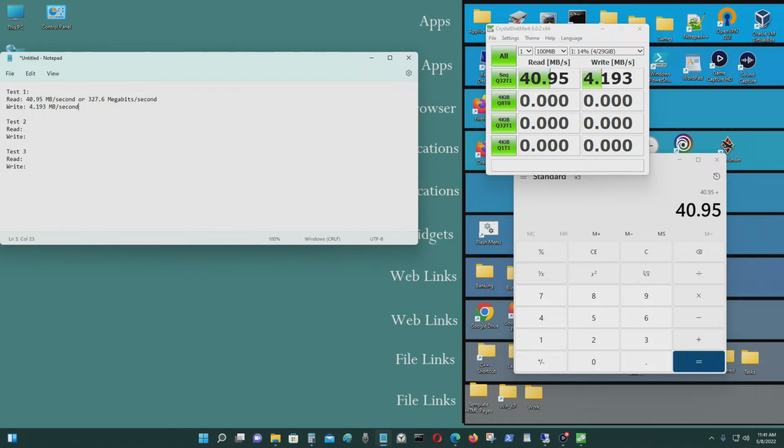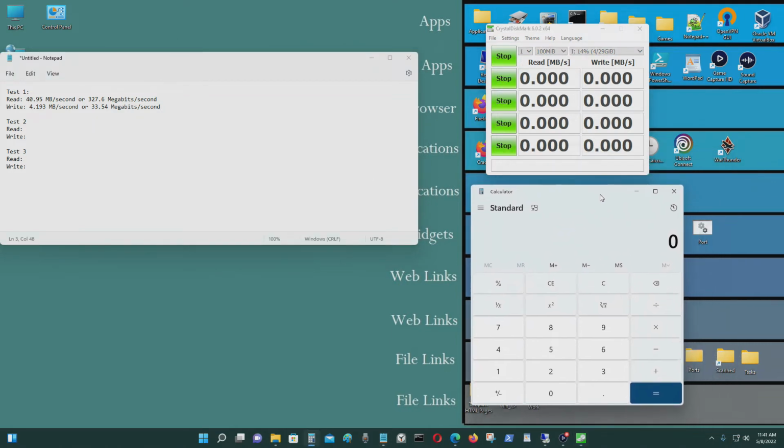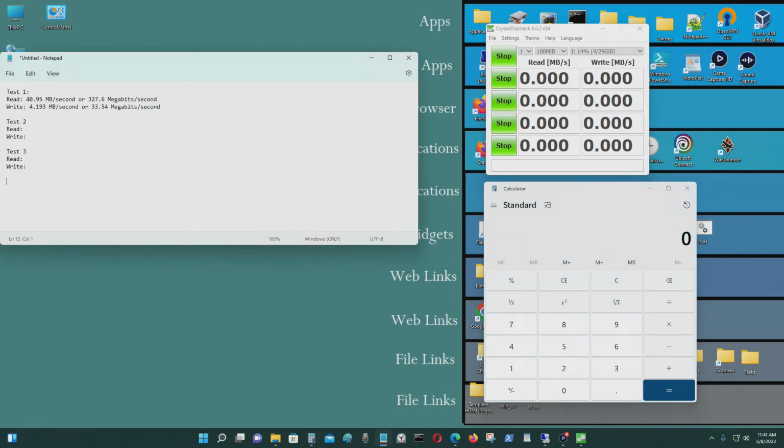That's pretty slow. I'll be running the test again to see what I get. 33.54 megabits per second. Okay. So I'll run the test again to get another set of results. I'll be averaging them out.